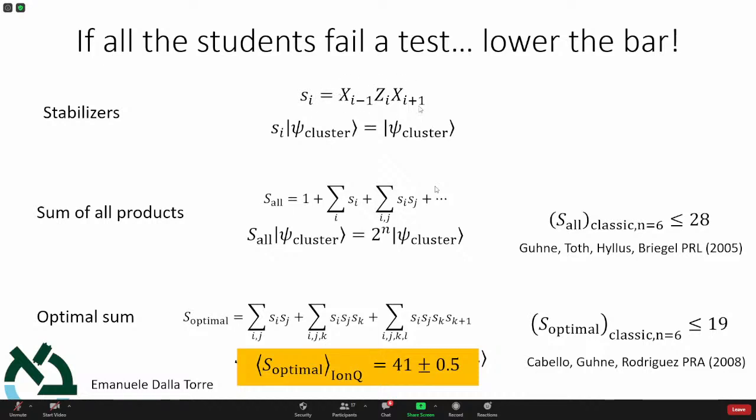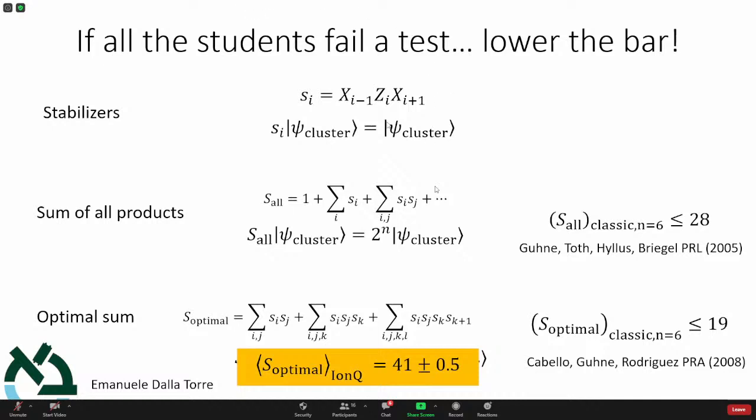The beauty of these operators is that although they are non-local, so you see each stabilizer acts on 3 qubits, it turns out, and you can do the math, it's pretty simple, that all the stabilizers commute. So let's say if I take this stabilizer and this stabilizer, they sit on the same qubits, but they commute. So it means that I can very easily find the ground state of the cluster Hamiltonian.